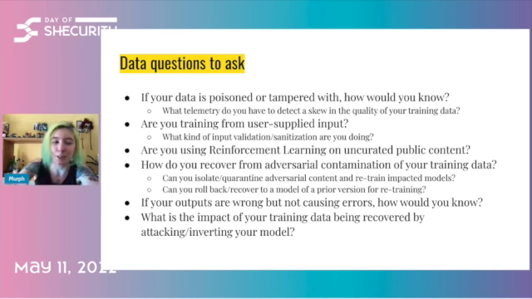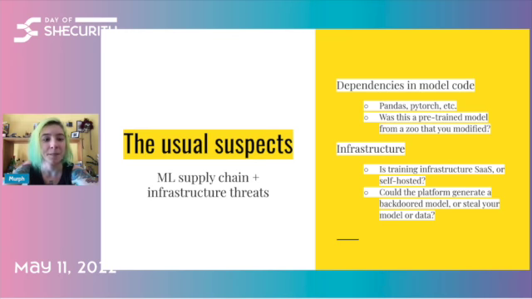Have you actually turned this monitoring into something that's useful? And then additionally, what's the impact of the model being inverted or the training data being recovered? There are some attacks that can lead to a model leaking the training data. And this can have many and varied consequences. We'll actually chat about those in a couple slides.